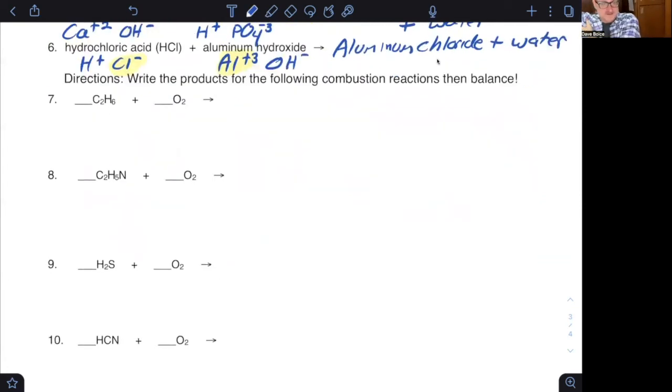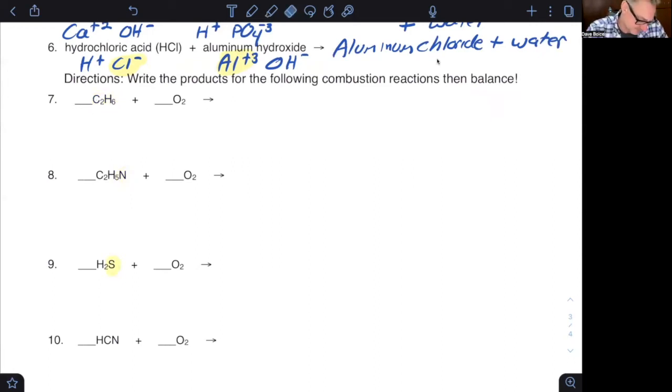All right, almost done. Let's take a look at a couple of combustion reactions. And for this, you might want to write this on a separate piece of paper, but let's look at what the products are, and this is in your notes. I have carbon, I have hydrogen, I have nitrogen, I have sulfur as my possible reactants.